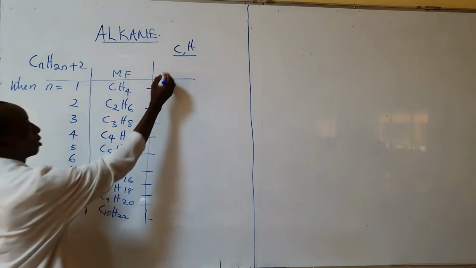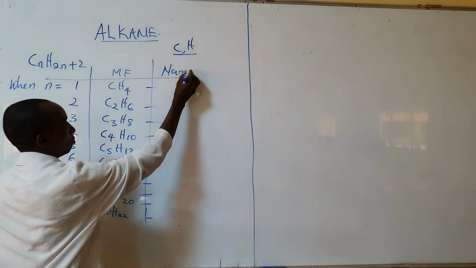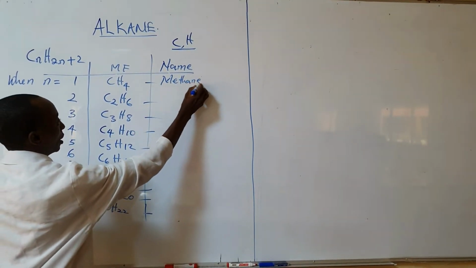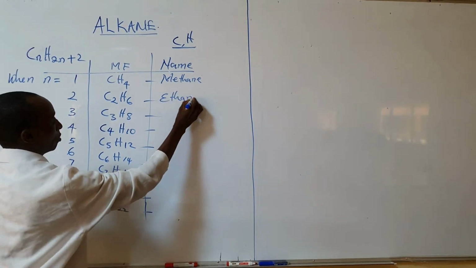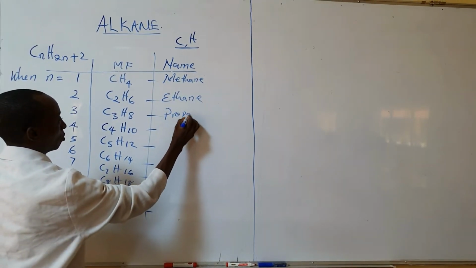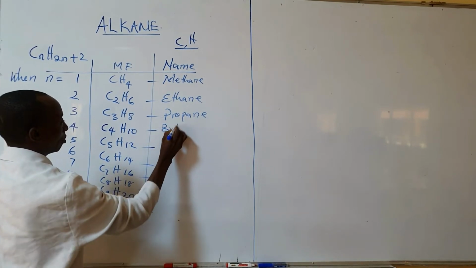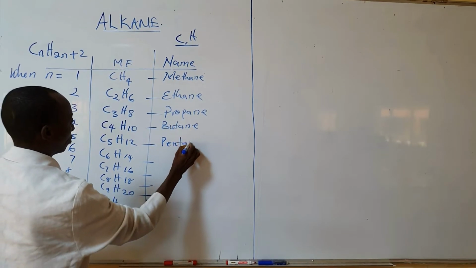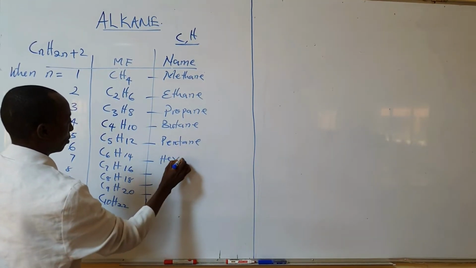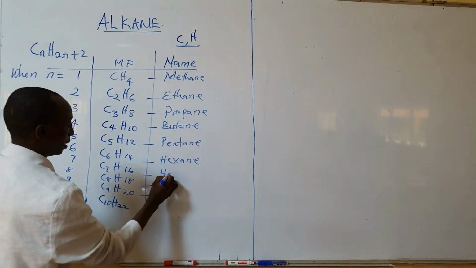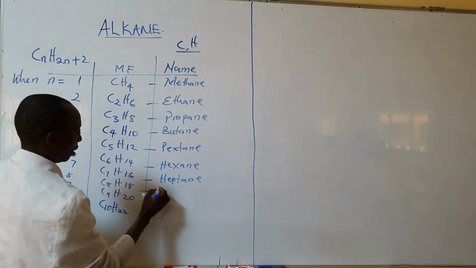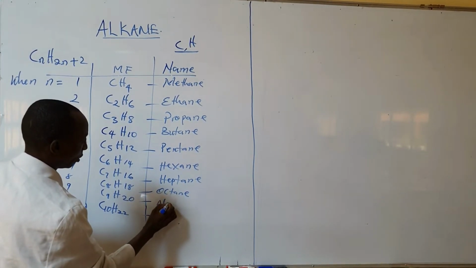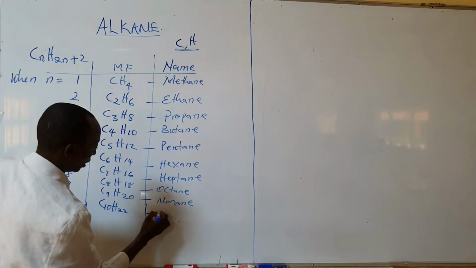Then the next thing is to put the names. These we call methane, ethane, propane, butane, pentane, hexane, heptane, octane, nonane, and decane.